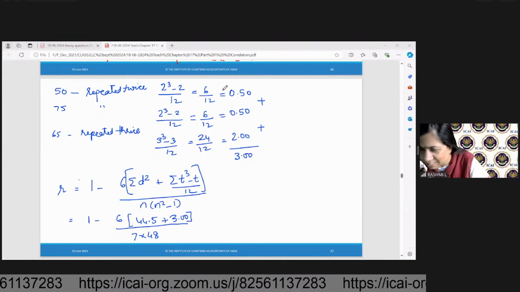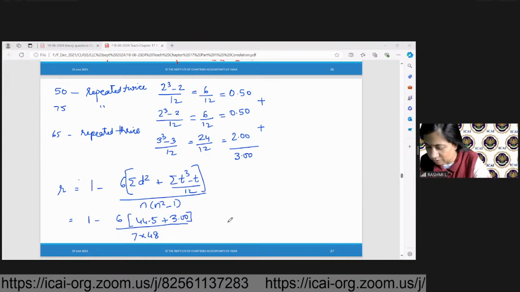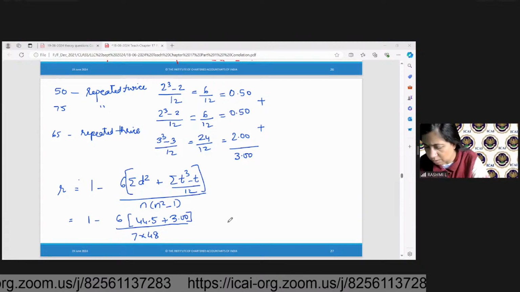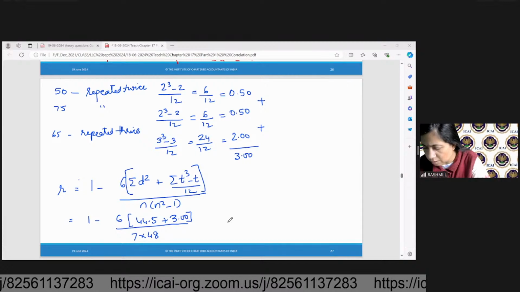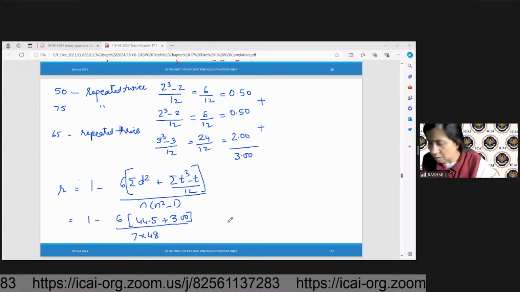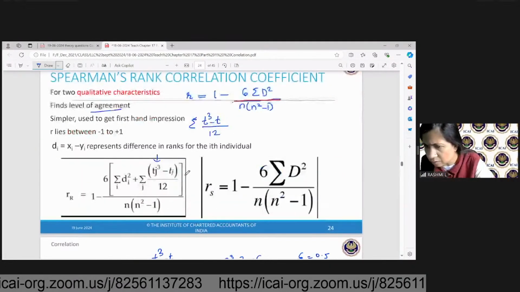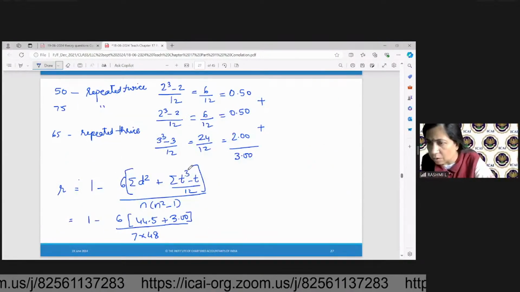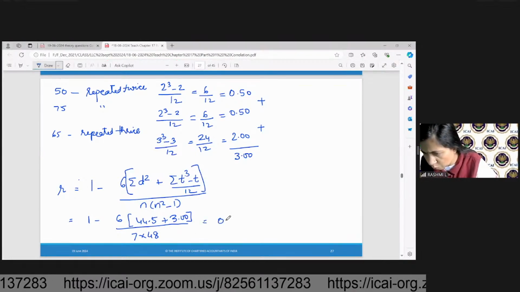So can I get the final answer? Yes, very good, Tanishka. This is equal to 0.15.